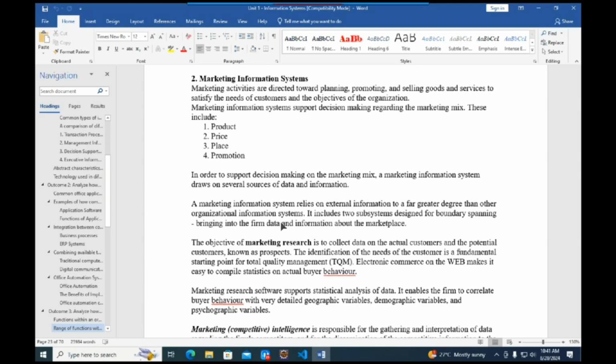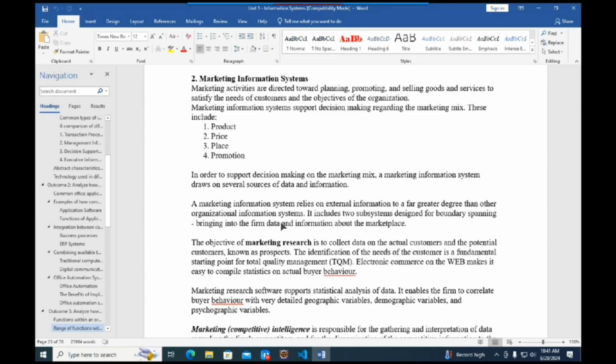The marketing information system is made up of two subsystems. The first one is for boundary spanning, and the second one is for the collection of data and information about the marketplace.